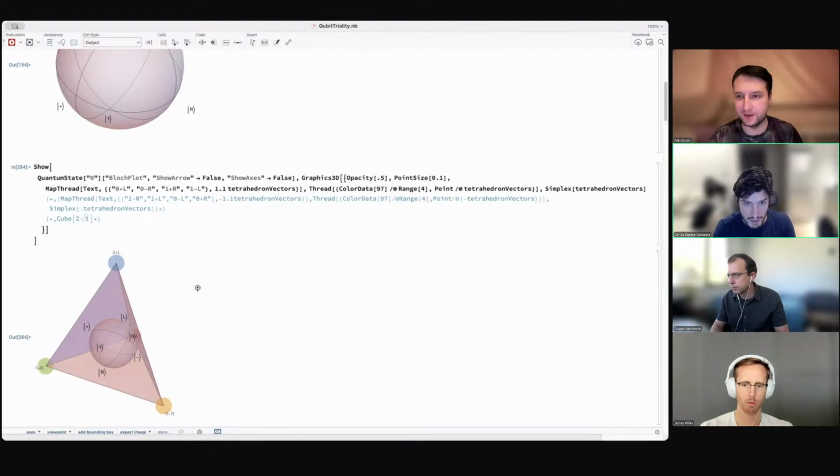The three-dimensional space that you're rendering there. Every point, even outside of the tetrahedron? Well, not outside, because outside it won't be a probability distribution, but inside of the tetrahedron at least. Well, if it's inside the ball, it's a valid quantum state. If it's inside the tetrahedron but not inside the ball, it's a probability distribution, but not a quantum state. Sure. Yes. Okay.